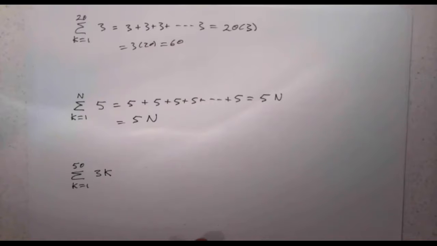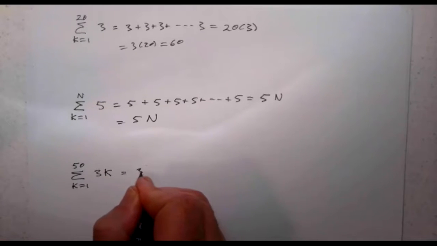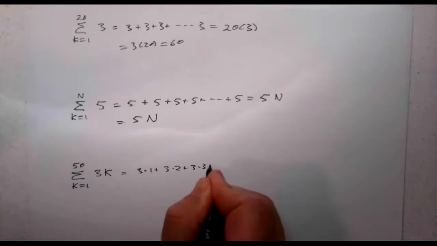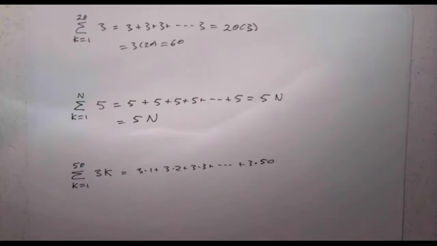Now this last one's a little different. We have the sum as k goes from 1 to 50 of 3k, which would be 3 times 1 plus 3 times 2 plus 3 times 3 plus dot, dot, dot, plus 3 times 50. Now we want to use these rules. How are we going to use these rules? Well, here's the process.